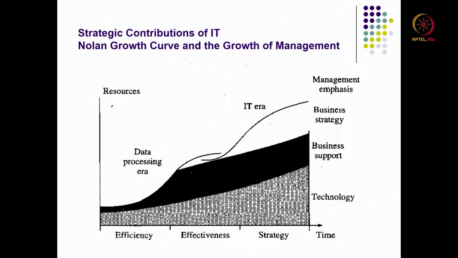So, earlier you had the data processing era, that was what I was mentioning. A few decades back, you had the CPU based systems, and companies were paying money for the time used with respect to CPU.